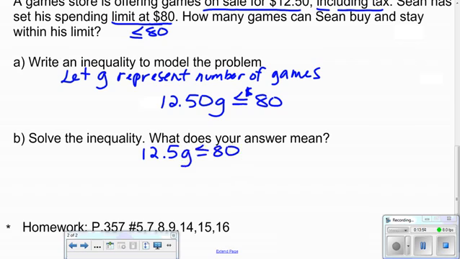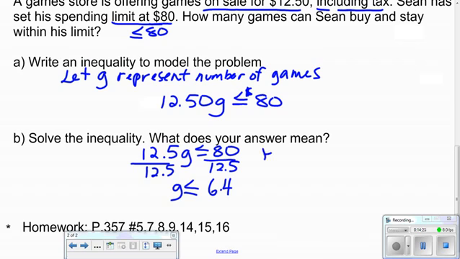So G is being multiplied by 12.5, so we need to divide by 12.5. It's not a negative that we're dividing by, so the inequality sign does not flip. And we get 6.4. So that means that he can buy 6.4 games. That doesn't really make sense.